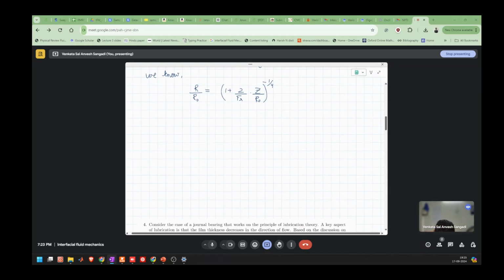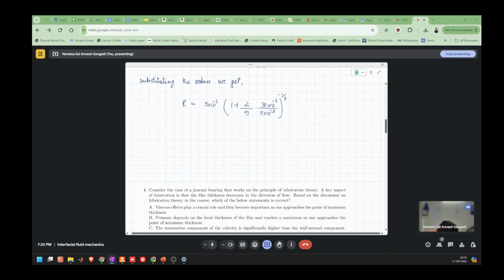If we substitute the values, R is equal to R naught, which is 5 into 10 to the power minus 3, into 1 plus 2 by 5 into 30 into 10 to the power minus 3 by R naught, which is again 5 into 10 to the power of minus 3, whole to the power 1 by 4.